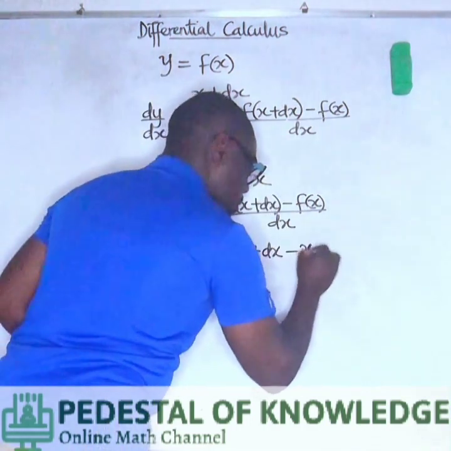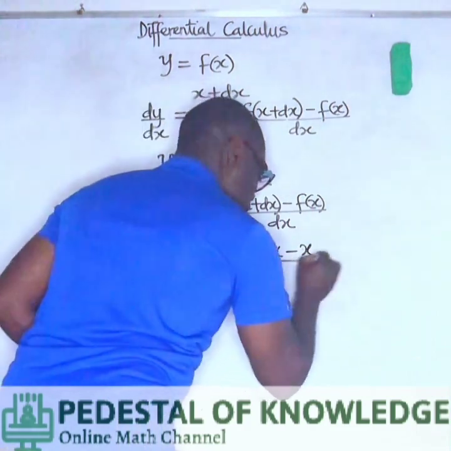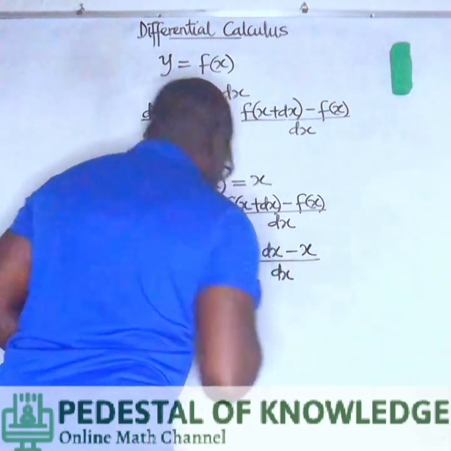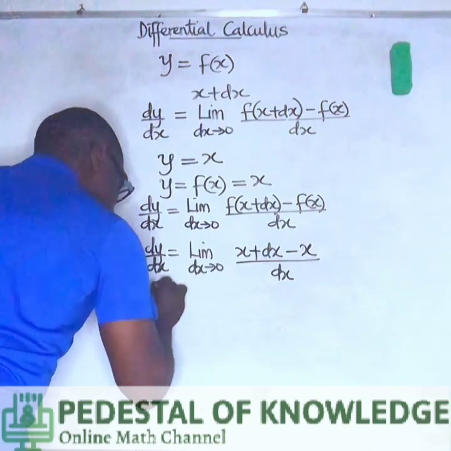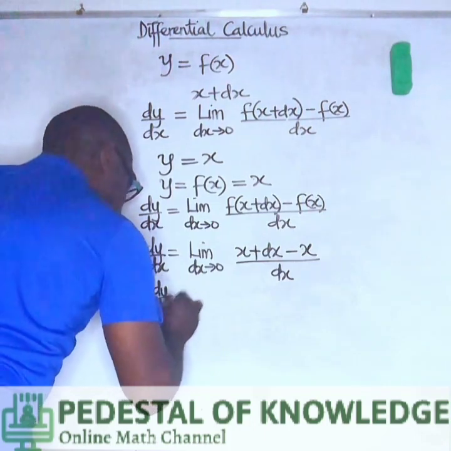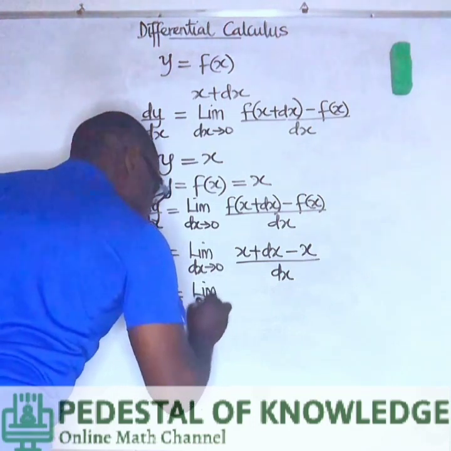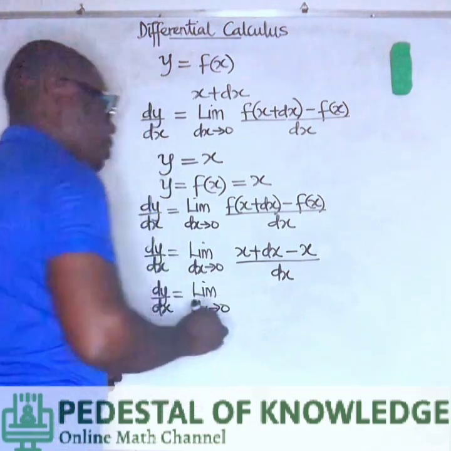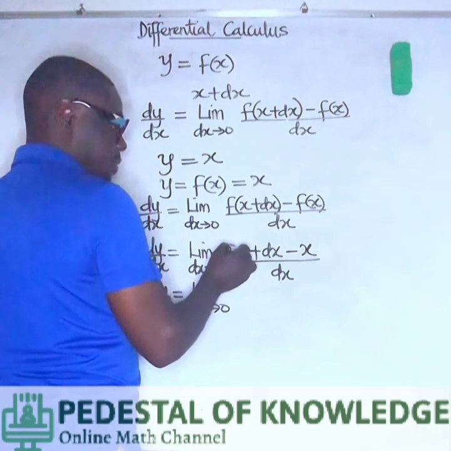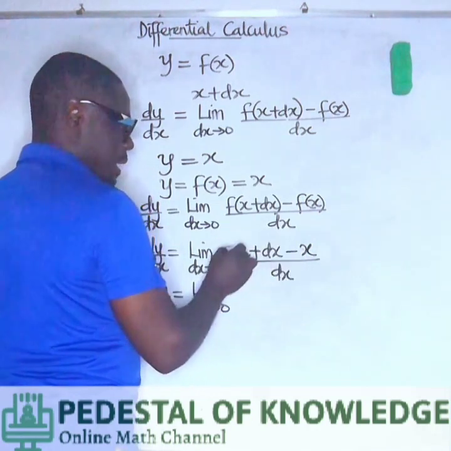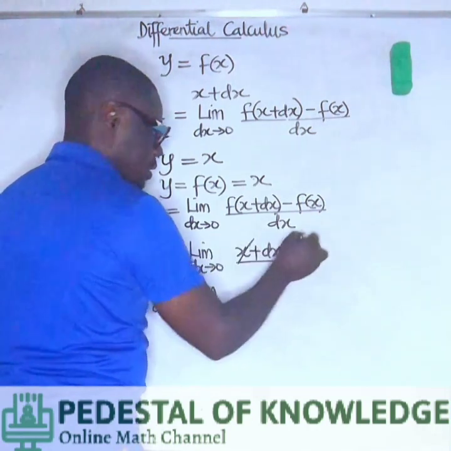So we put x divided by dx. We have x plus dx minus x. x minus x is equal to 0.